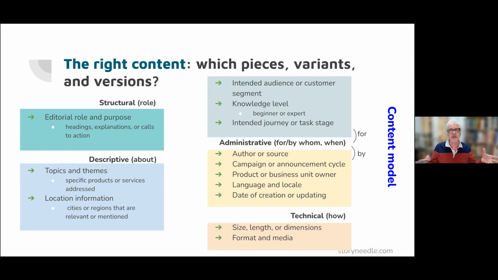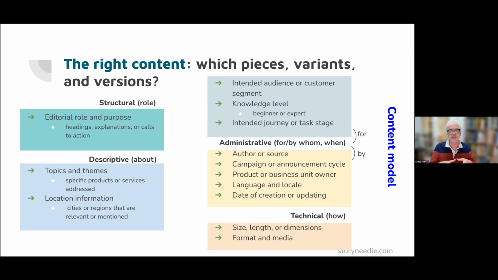And then we also have a lot of things that are background information that we need to know to deliver the right content, but they may not be things that are visible explicitly to the user. These are what are called administrative metadata. Who's this for? The audience. What's their knowledge level? When in their journey is it meant for? And then who created it? Why is it there?